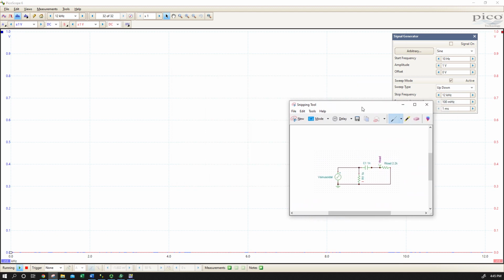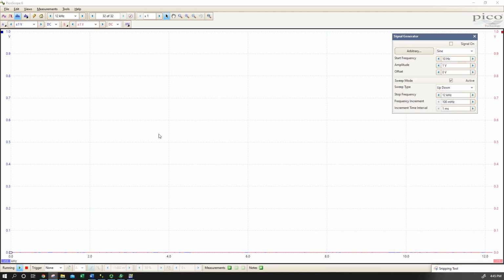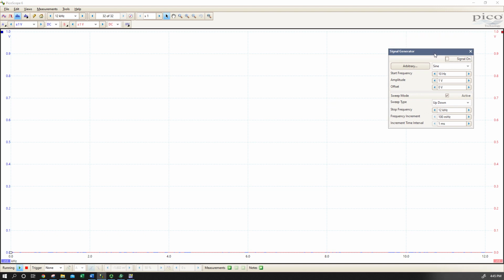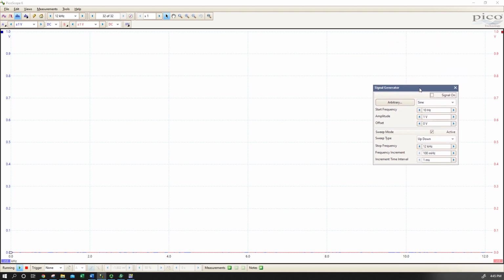So I'm going to again use the frequency sweep, our frequency on the x-axis spectral analyzer, to look at that again. This time I don't need to use the differential signal.